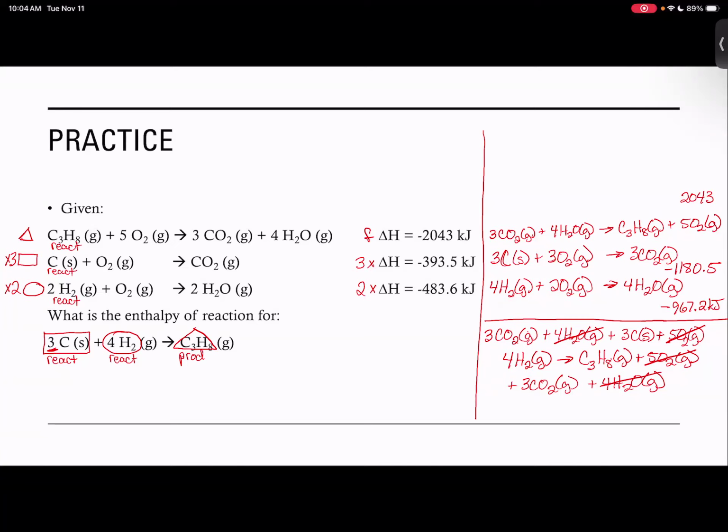And the CO2 cancels because you had 3 CO2s on the reactant side and 3 CO2s on the product side. So what is left on the reactant side is 3 carbon solid plus 4 hydrogen gas going to make C3H8 gas.